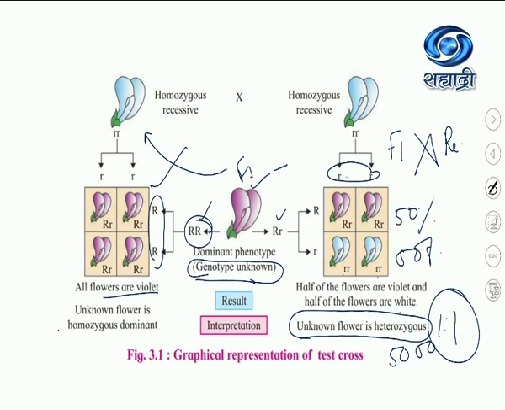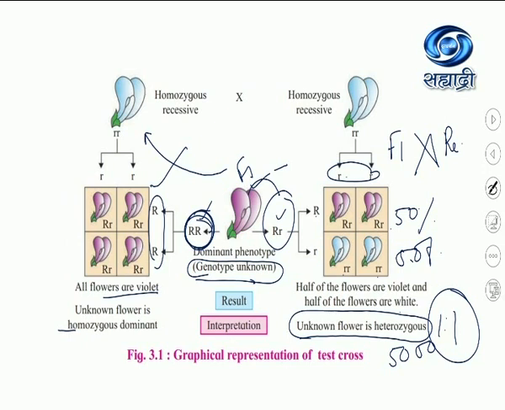So the unknown flower in this condition is homozygous dominant. So what is our interpretation? If a 50-50, 1:1 ratio is obtained, the genotype of this F1 hybrid is heterozygous. If all of them are violet, then the F1 hybrid is homozygous.